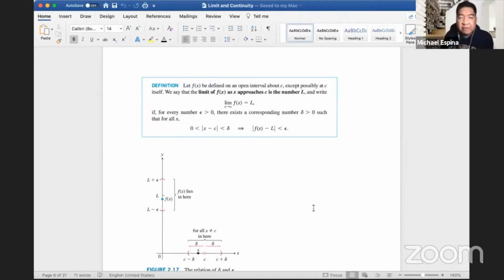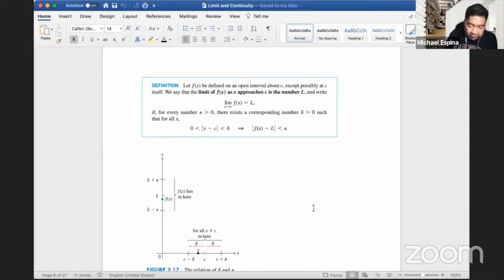Let f of x be defined on an open interval about c, except possibly at c itself. We say that the limit of f of x as x approaches c is the number L, and we write the limit of f of x as x approaches c equals L. I'll be writing it here.